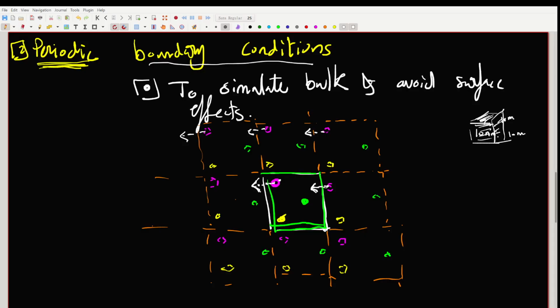You see, the same story goes for any atom. For example, this one can move up and exit the box from here, and then its image from below will also move up and enter the box. So this is one of the funny implications of the periodicity. Periodicity, as the name implies, means the thing is repeated periodically, and that's why when one atom moves, another image enters in, right?